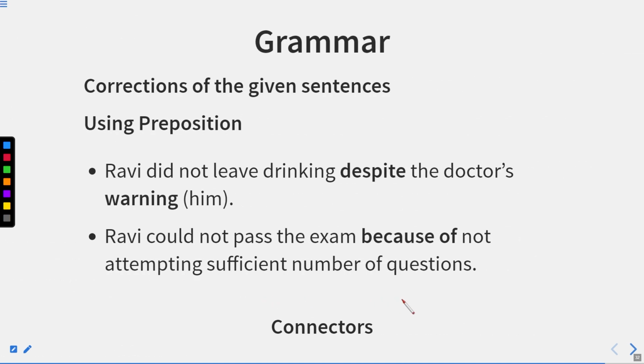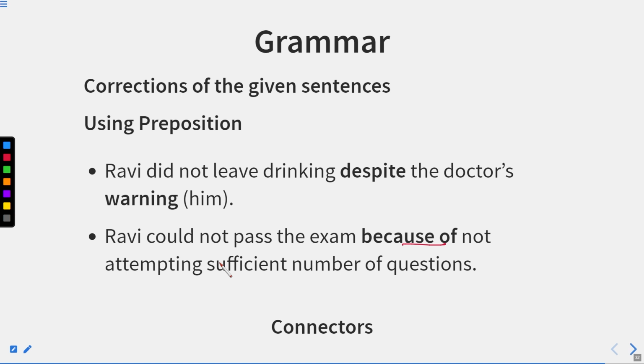Now the sentences will be, Ravi did not leave drinking despite the doctor's warning. Moreover, we can have Ravi did not leave drinking though the doctor advised him or the doctor warned him. Ravi could not pass the exam because of not attempting a sufficient number of questions. We can also have Ravi could not pass the exam because he did not attempt a sufficient number of questions.